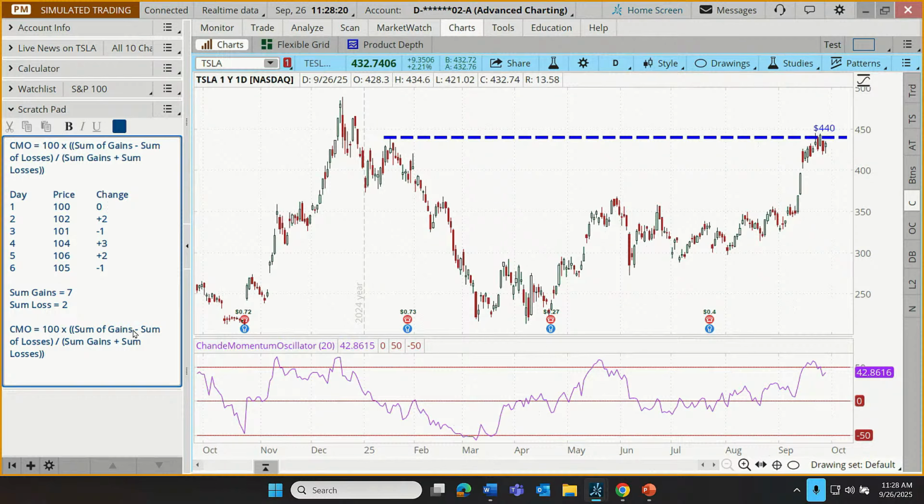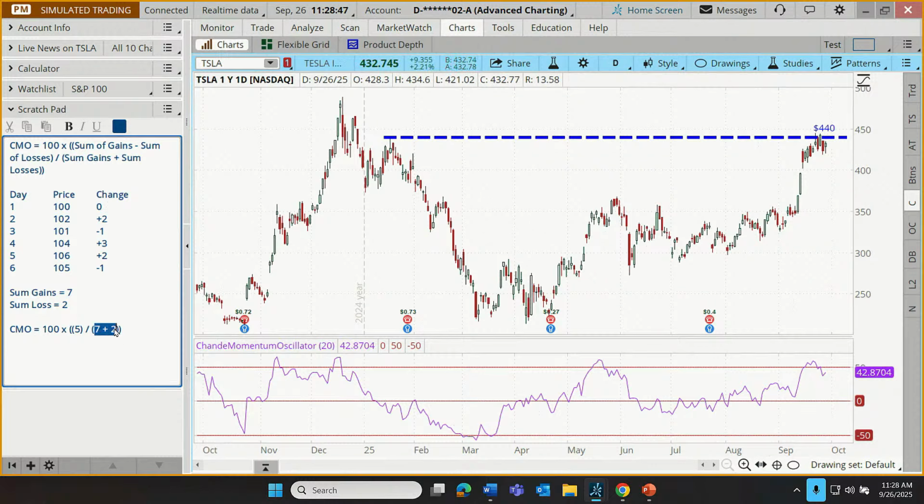So now that we have that information, we can actually plug it directly into this equation. Paste that in here. What's the sum of the gains? 7. Minus the sum of the losses, 2. And then 7 plus 2. All right, so what is this? 7 minus 2 is 5. 7 plus 2, oh, I left the word sum in there. Let's get rid of that. There we go.